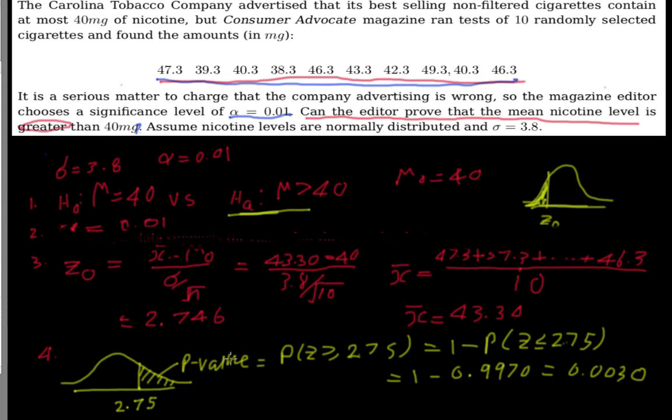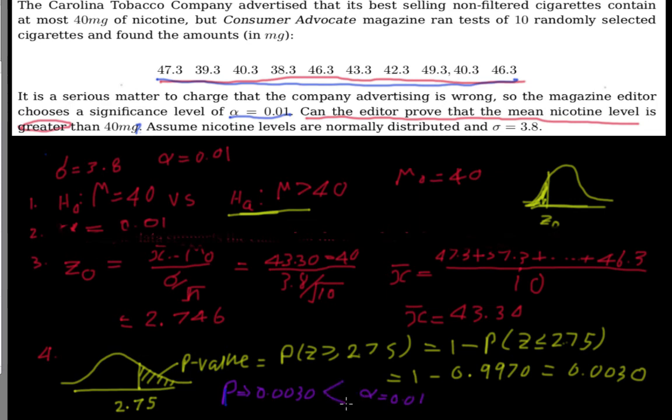Okay, now we follow all the steps. Now how do we get the decision? So that is the last step. Decision: we should compare p-value with alpha. What is the p-value here? Our p-value equal 0.0030 and alpha equal 0.01.